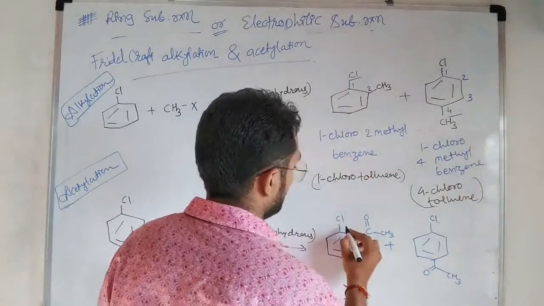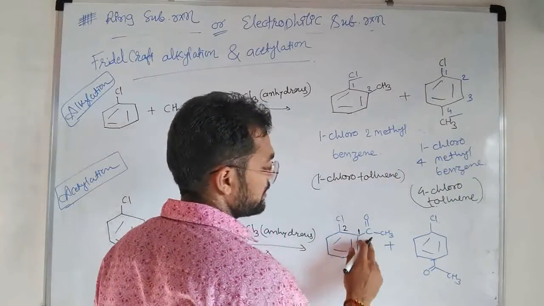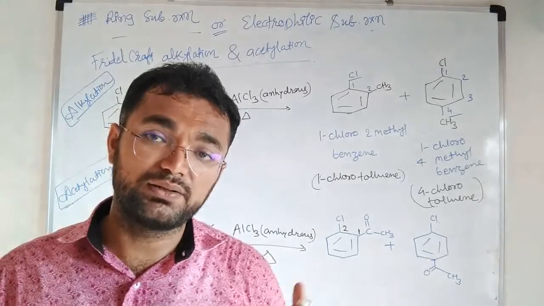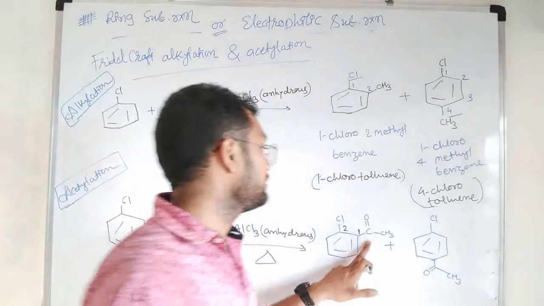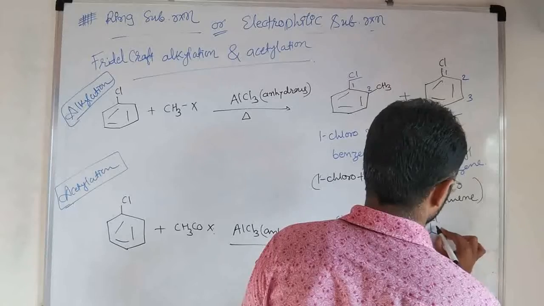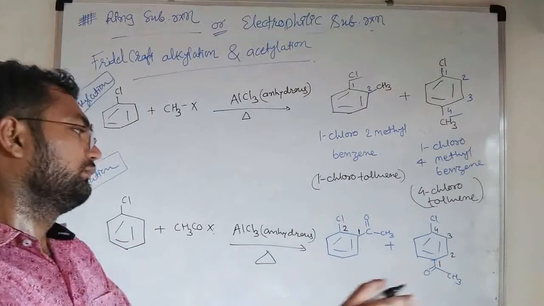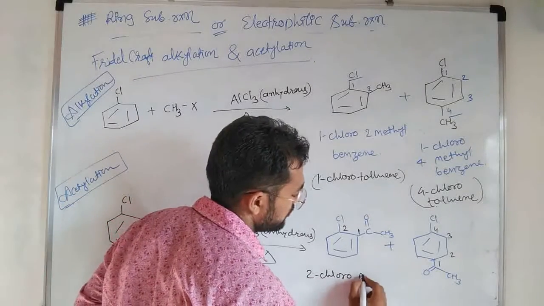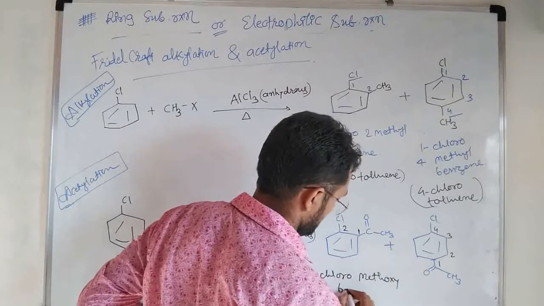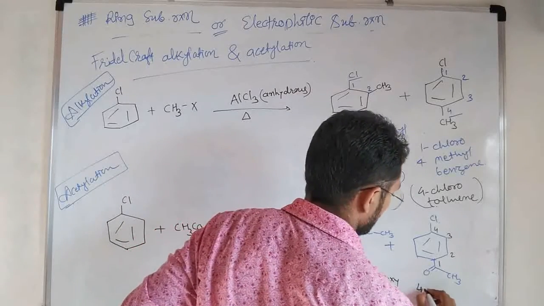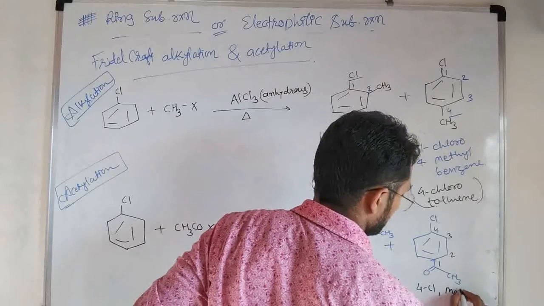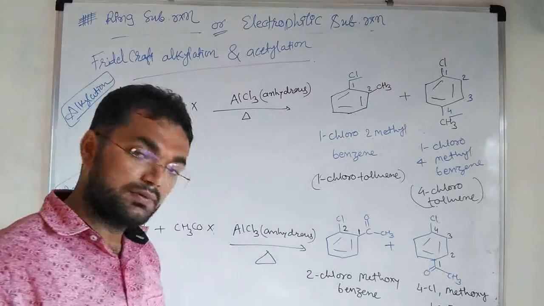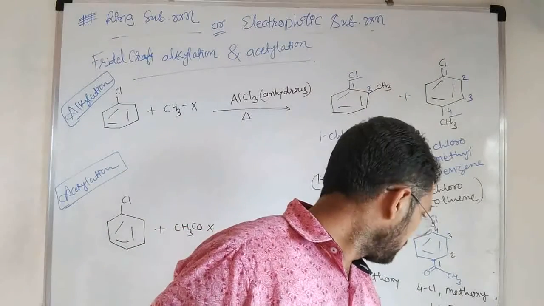Here, starting from here, because COCH3 is considered the boss on the basis of the priority order of functional groups, priority is given to COCH3, numbering from here 1, 2, 3, 4. 2-chloro, like this, 2-chloro methoxy benzene plus 4-chloro methoxy benzene.